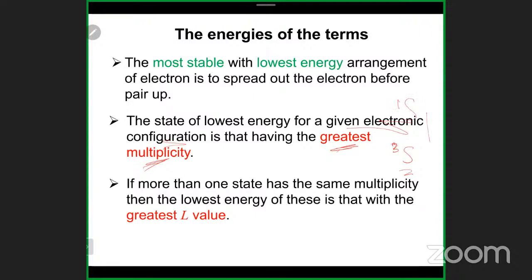It's lower in energy because it has the greatest multiplicity. If more than one state has the same multiplicity, then the lowest energy is that with the greatest L value. So the greater L is, the lower is the energy.